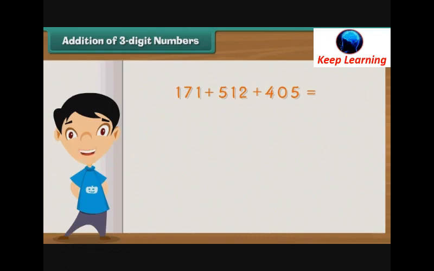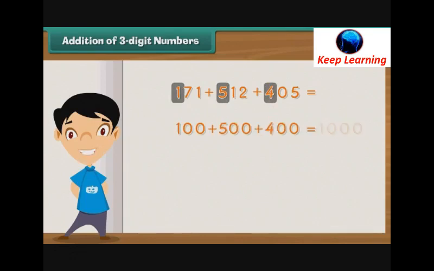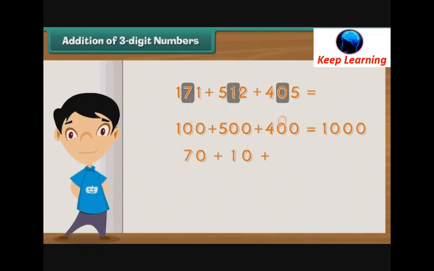Let us begin with the digits at the hundreds place, that is 1, 5 and 4. We add 100, 500 and 400. The sum is 1000. Now we proceed to add the digits at the tens place, that is 7, 1 and 0. We add 70, 10 and 00 to get 80.